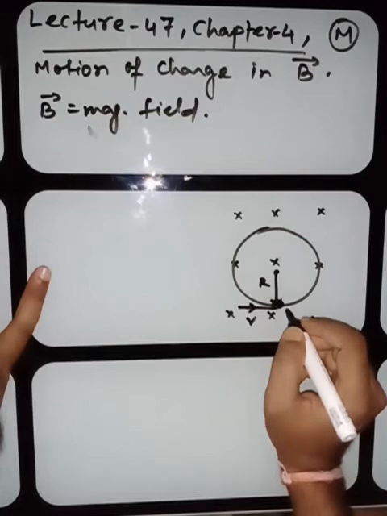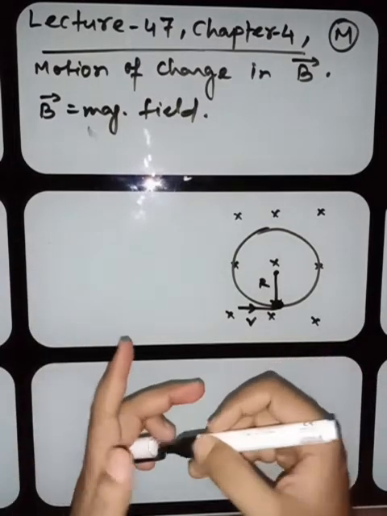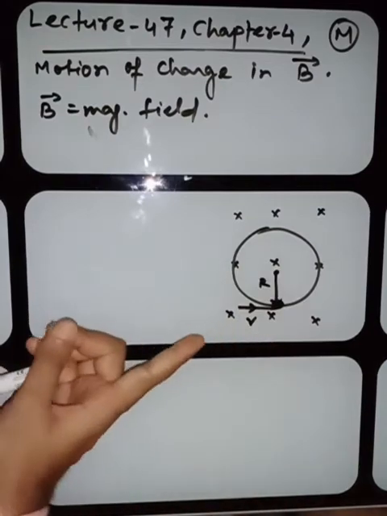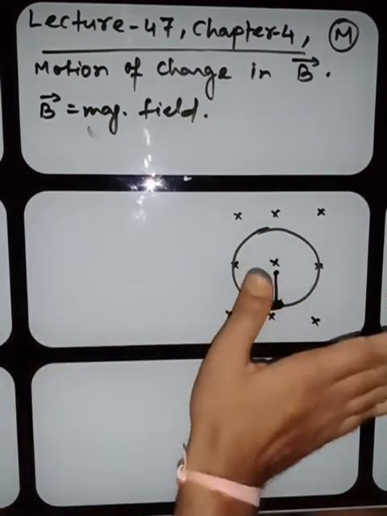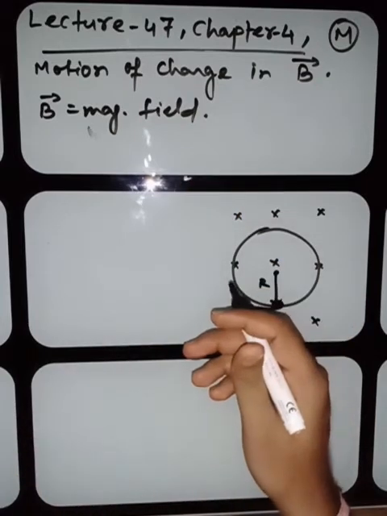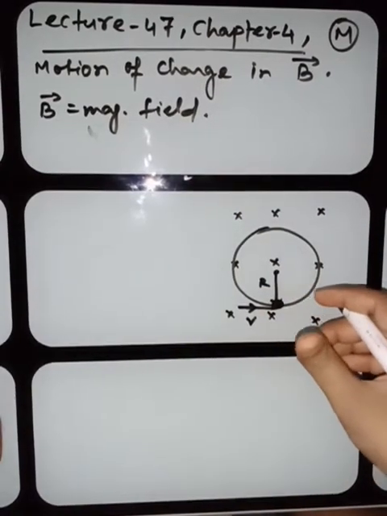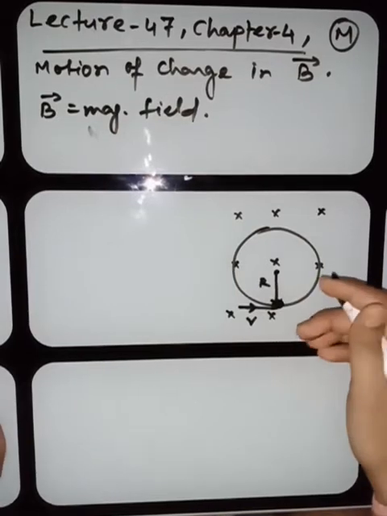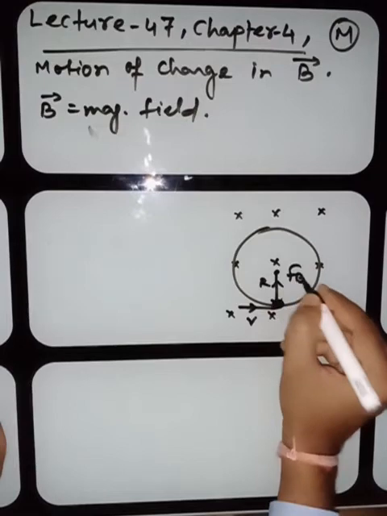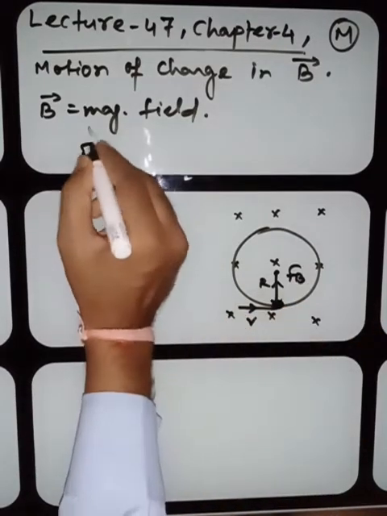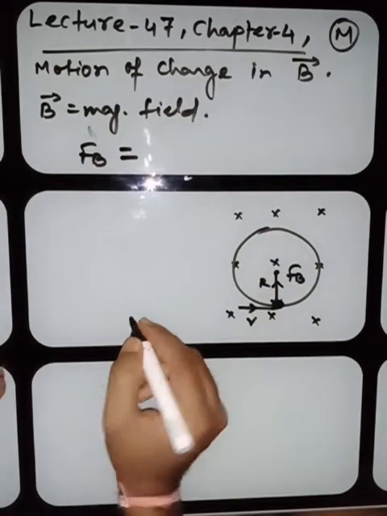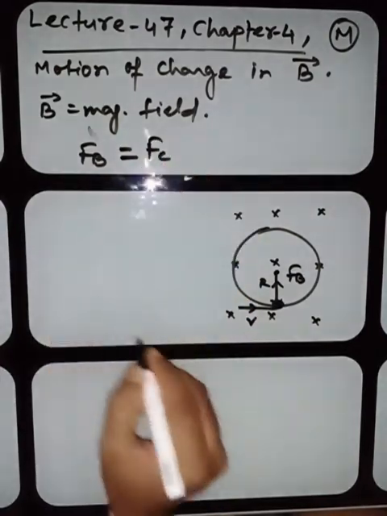The direction will be obtained using the right hand rule. The particle is projected in this direction, this is the direction of velocity, the magnetic field is in the downward direction, so the force will be upward. And this force due to the magnetic field, FB, will be balanced by the centripetal force, FC.